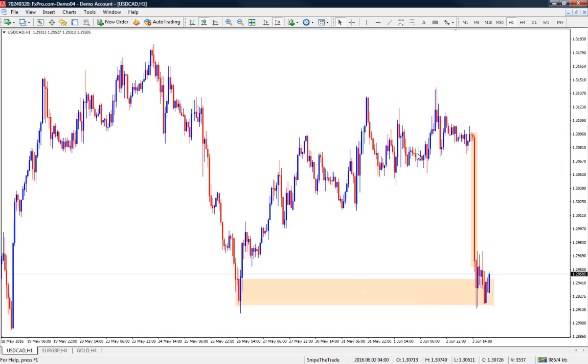Now price came to the zone of demand, and then liquidity was found here. Buyers were found here, and buyers kept price from crashing even further. And basically this is what liquidity looks like, or illiquidity looks like, in the Forex market.